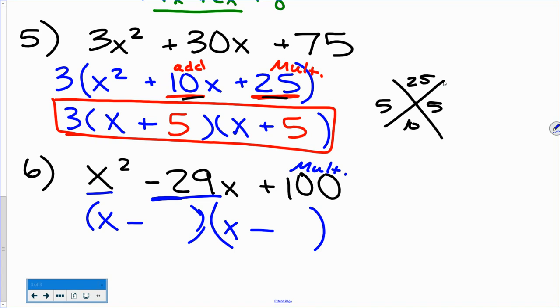And then from here, I got to think about some things that multiply to 100. So like 10 and 10, 2 and 50, 4 and 25. And those two numbers would have to combine to 29. So my option would be a negative 4 and a negative 25 to make that work.